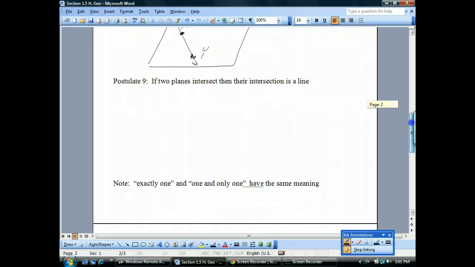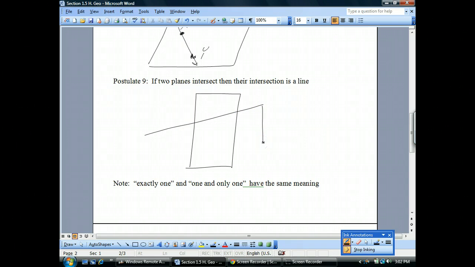And the next postulate says, if 2 planes intersect, then their intersection is a line. So, in other words, if you have this plane, and this plane, and they intersect in such a way, then the points that belong to both planes represent a line.